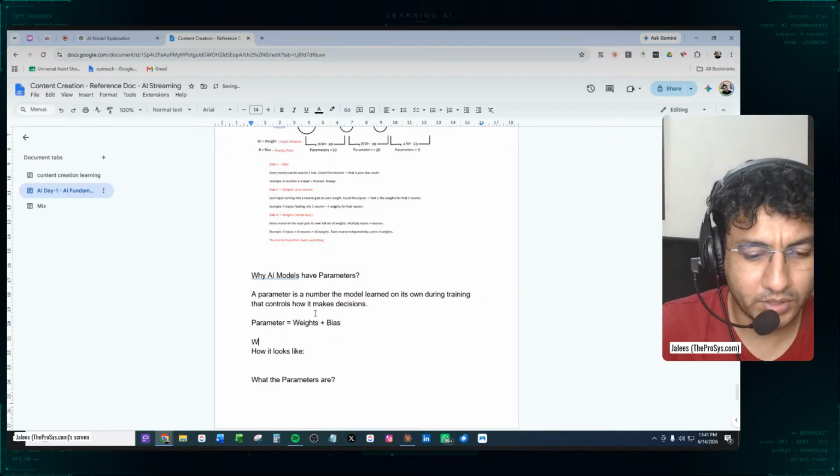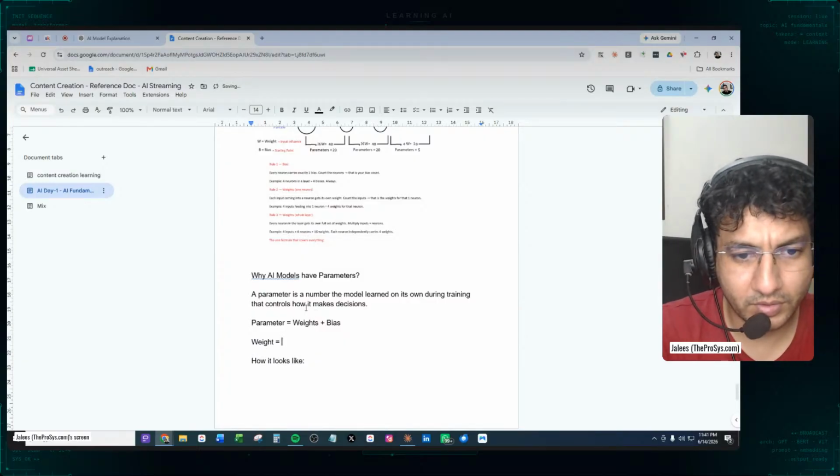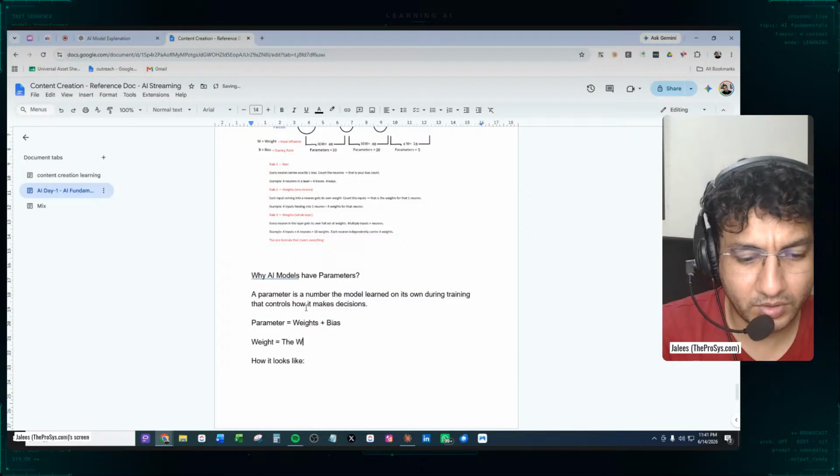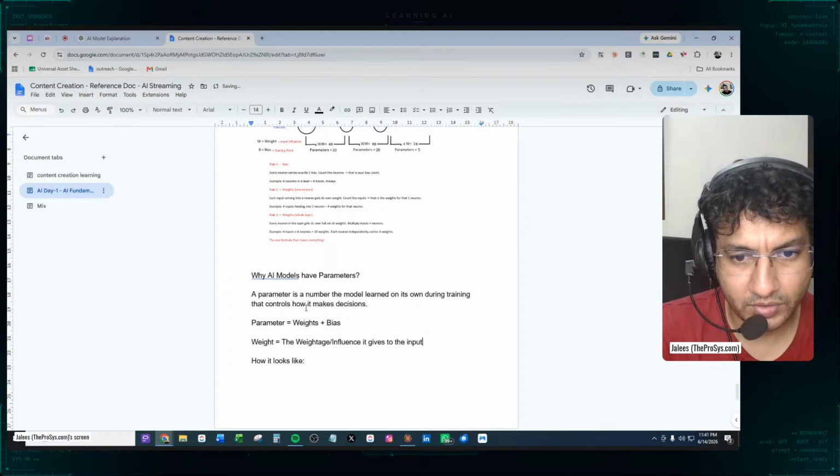And what is weight? Weight equals to the weightage, the influence it gives to the input parameters.